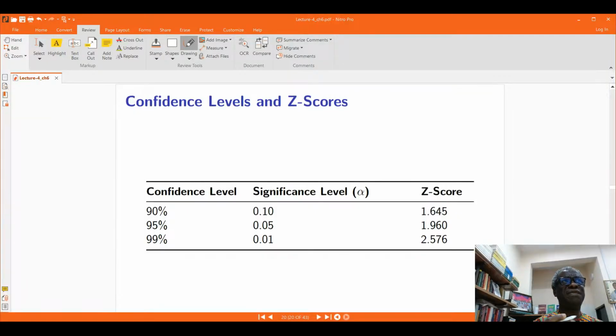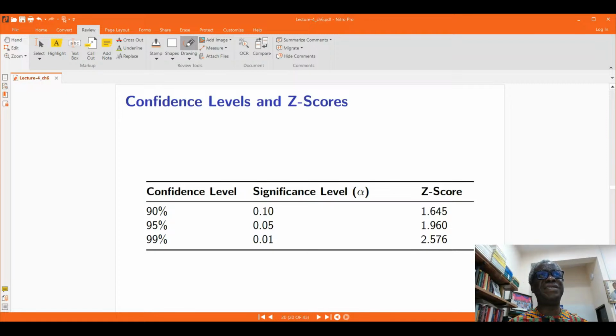So if you have a 90% confidence interval, then it means you are willing to take 10% doubt of the estimate, and that's fine.